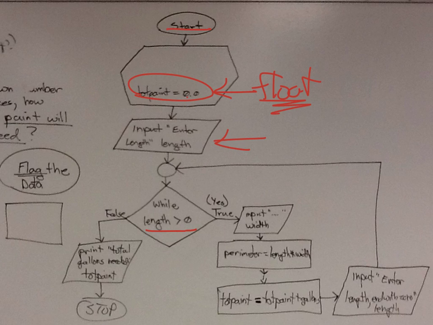We're going to flag the length with 0. As long as the length isn't 0, we're going to keep doing the loop. So we're going to check that right here.